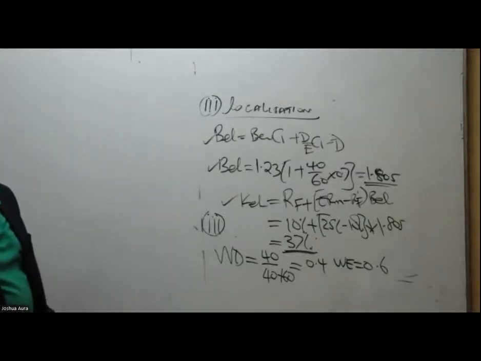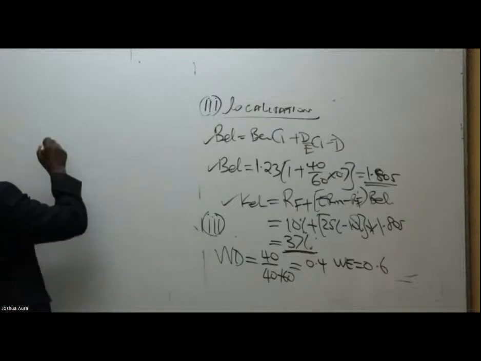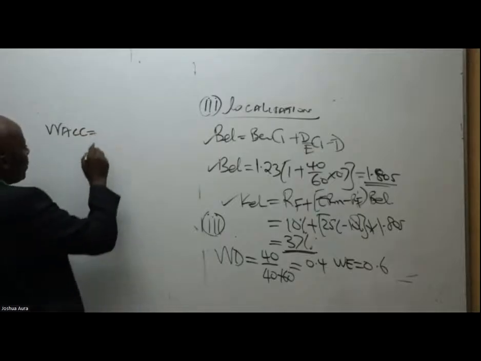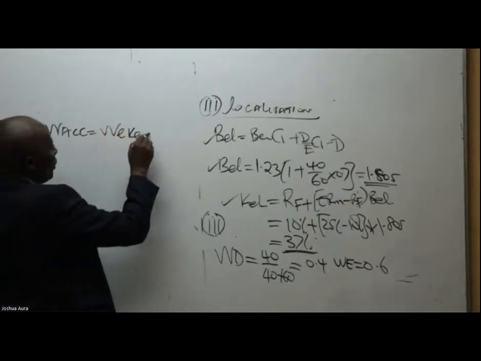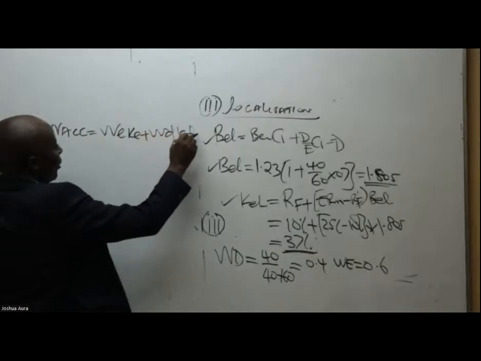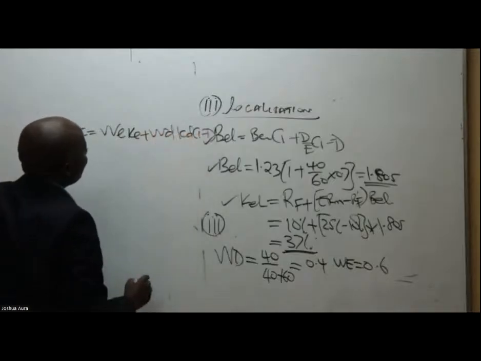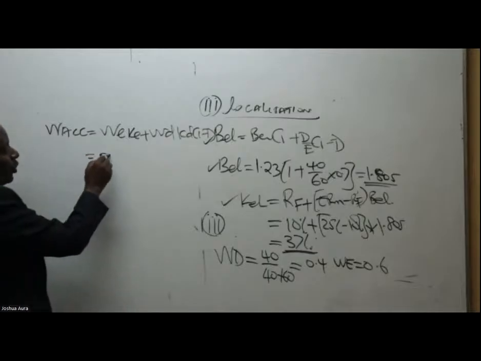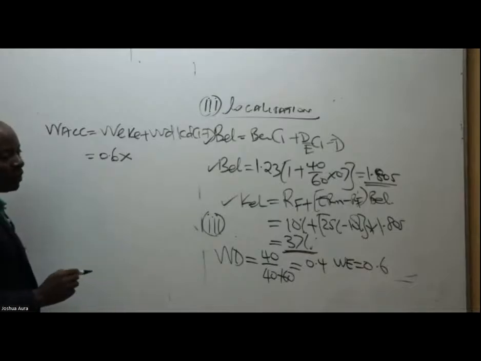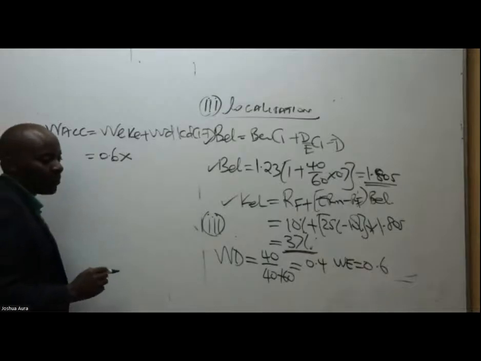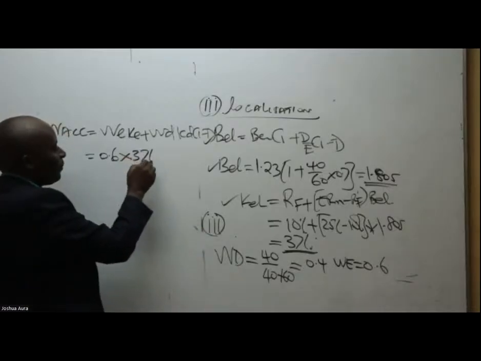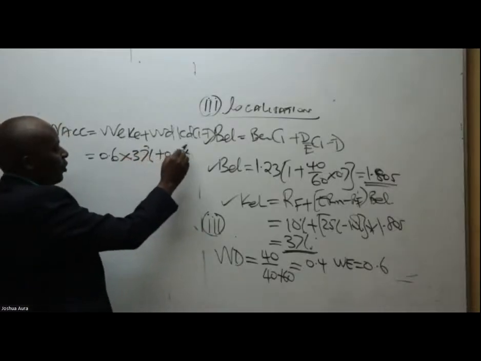After that, please go ahead and give us WACC. So WACC will be weight of equity times cost of equity plus weight of debt times cost of debt into 1 minus taxation. Weight of equity is 0.6 times cost of equity, 37%, plus weight of debt 0.4 times cost of debt.